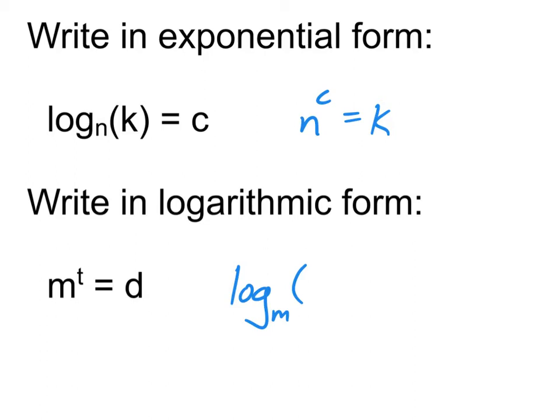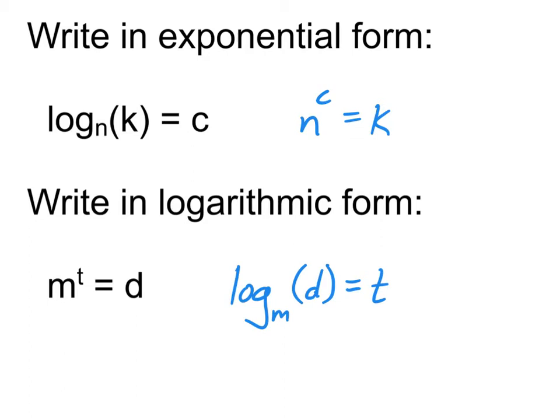notice here, it was the k. Notice where that k came from in the exponential. That's the one that was by itself. And so similarly, that's got to be what the d is doing right here. So it's going to be a d in the parentheses. And then that's equal to, well, whatever's left, which is convenient because log always equals the exponent.